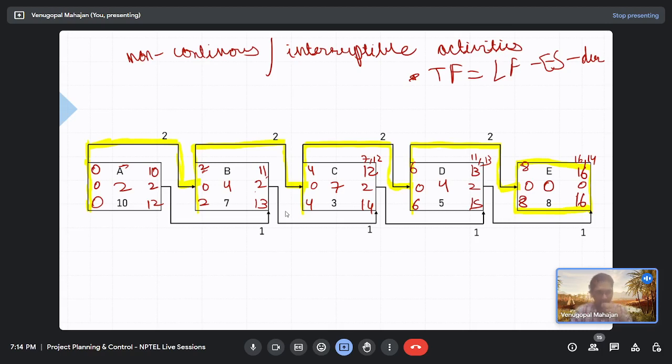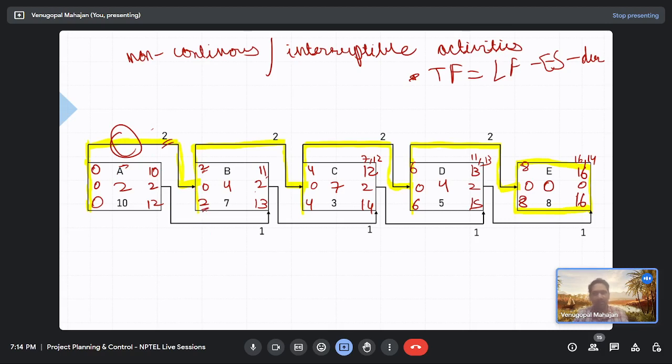So similarly, your relationship float is also between what? If you take this relationship, what is this? Start of activity A and start of activity B. That's the relationship, right? And this lead is giving you the duration. So if you have to calculate the relationship float, what would it be?